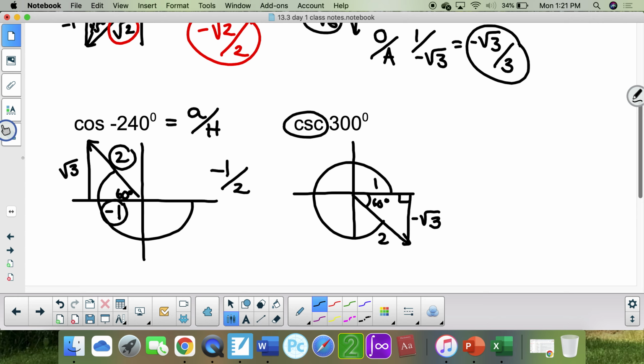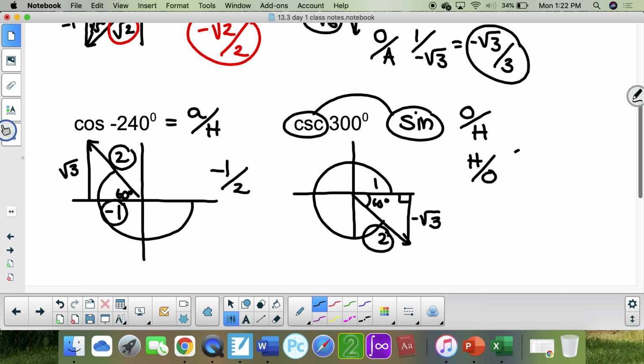This is the reciprocal of sine. Sine is opposite over hypotenuse, so it's hypotenuse over opposite. Hypotenuse is 2. And the opposite is a negative root 3. Can't leave a radical in the denominator, so multiply the top and the bottom by root 3. Don't forget the negative sign.